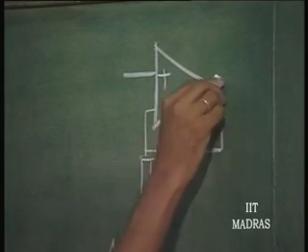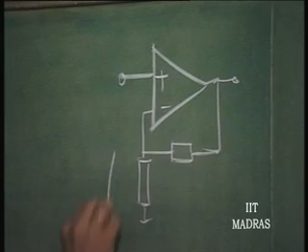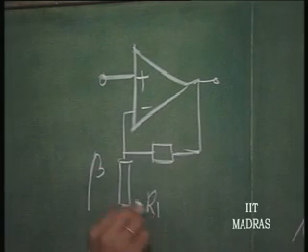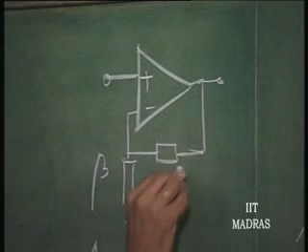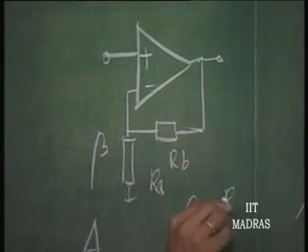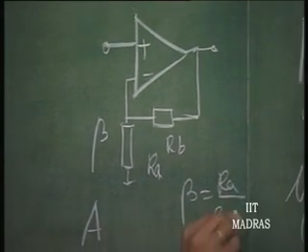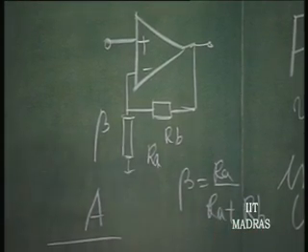If this is R A and this is R B, beta is equal to R A by R A plus R B. All these things we have earlier understood.